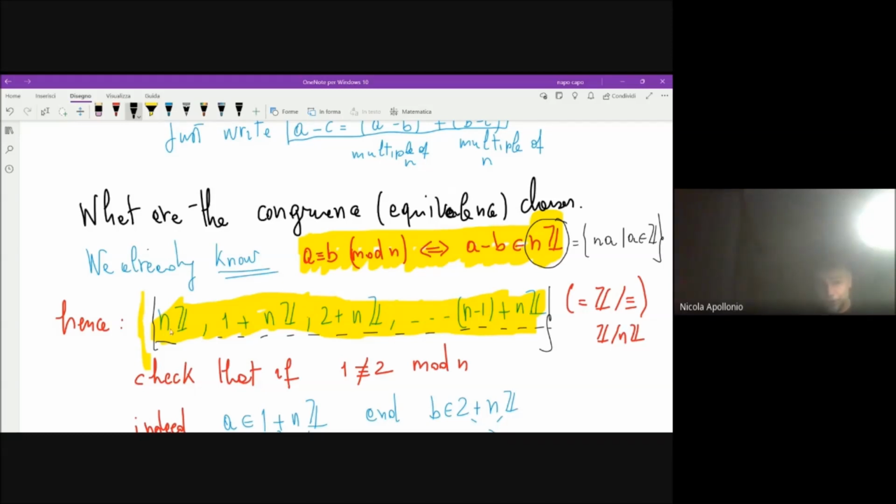So the quotient of the congruence modulo n is the set of sets. Classes are sets.